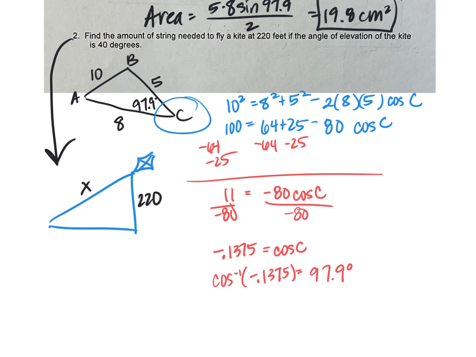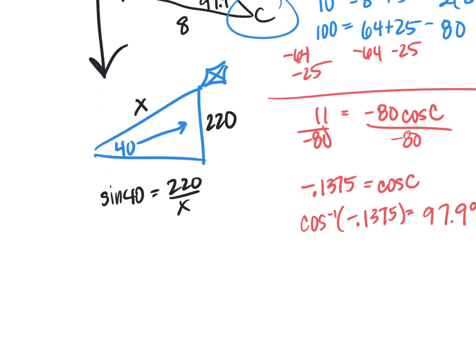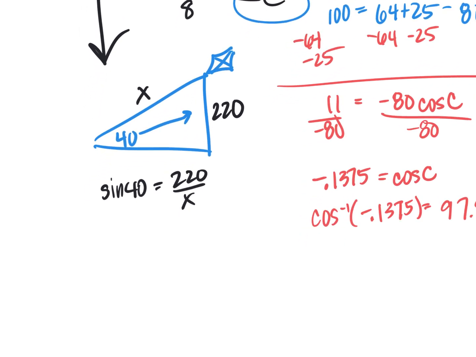Good job. So, SOH, CAH, or TOA? Sine, I agree, because the sine of 40 is the opposite over the hypotenuse, 220 over x. Then what do we do? Multiply by x on the side, and then divide by the sine of 40.